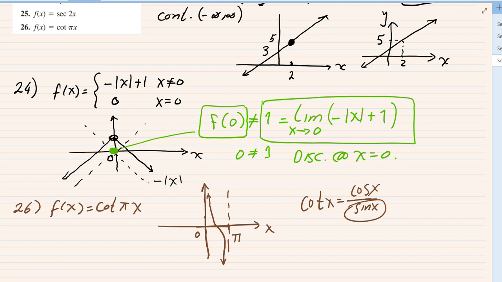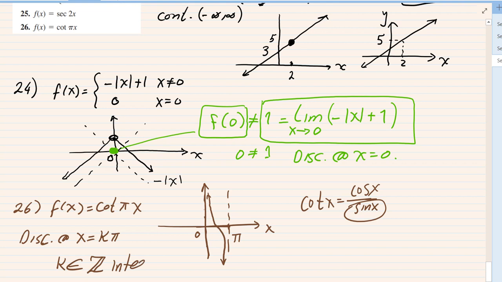True? So for exercise number 26, discontinuities are at x equals k pi, where k is an integer.